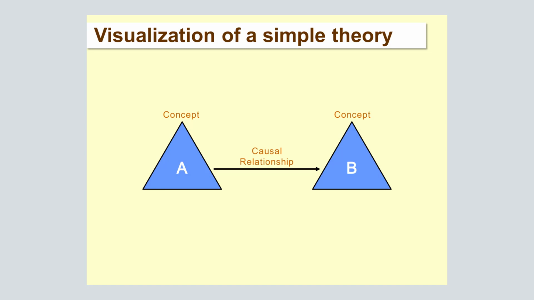To come up with an explanation for people's purchase behavior, marketing scientists would develop a theory or a conceptual model. A theory consists of concepts, which are abstract terms to represent phenomena, and the relationships between these concepts.